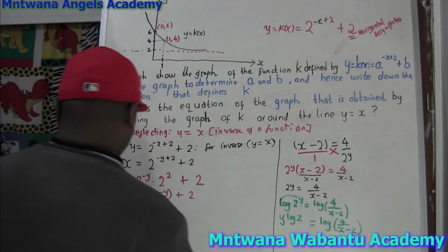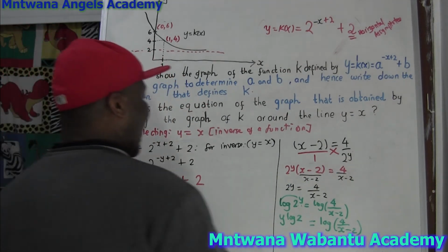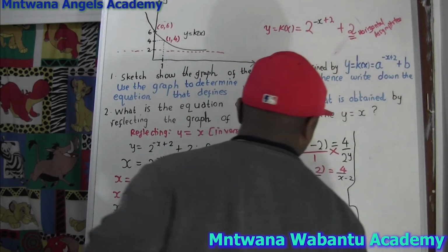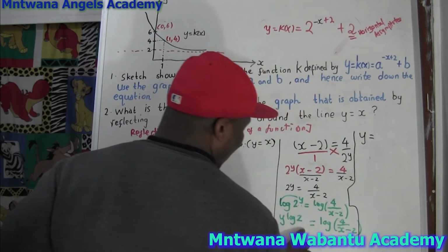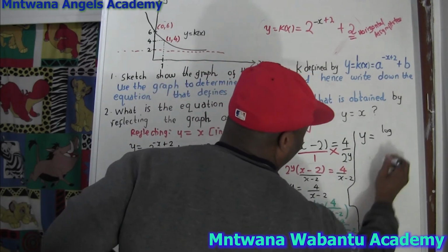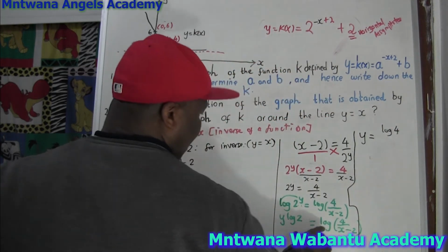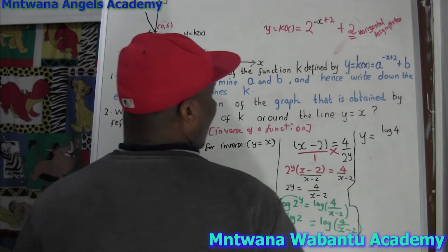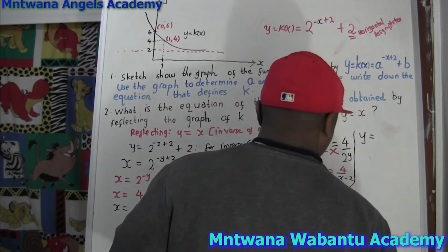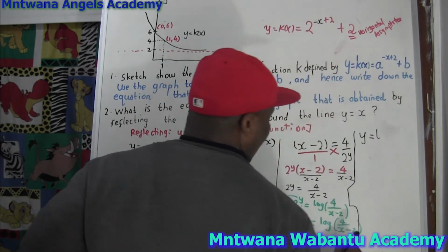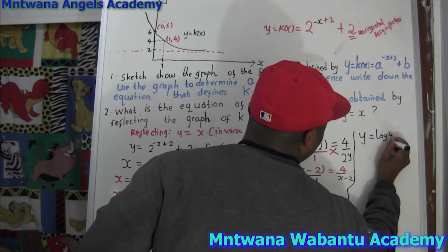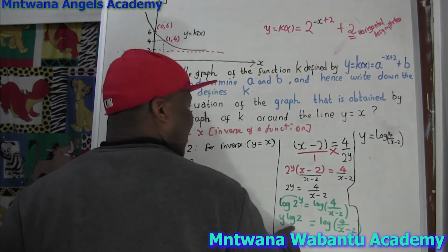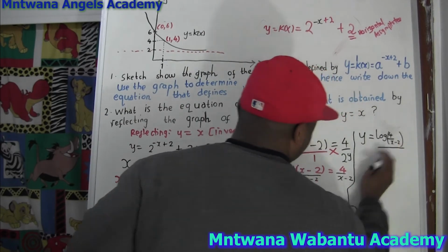Now I want to make y the subject. Divide by log 2 throughout. So I think I can finish here. So this is going to become y equal to log 4 over x minus 2, and then divided by log 2.